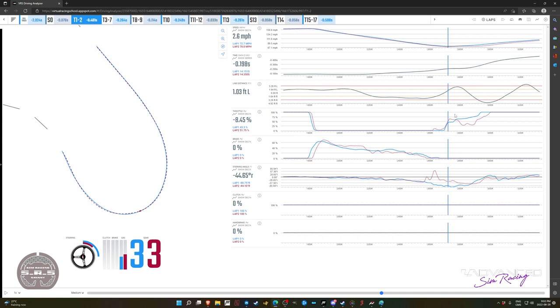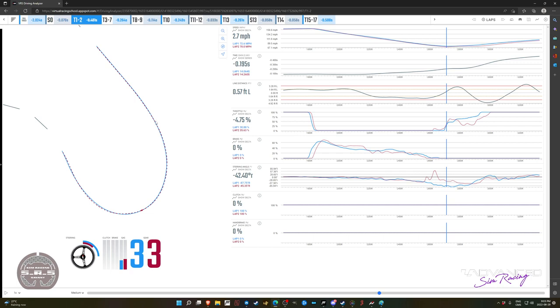What that should always coincide with, as we've just learned, is the maximum amount of rotation in the corner. And that's pretty much what we see here. There's a little bit here, and I'll explain that in a second. But roughly here is where we should see our maximum amount of rotation, and that's our steering angle. So we know the car is rotating pretty much optimally as we get to where the apex of the corner is, and we can see that here, right?